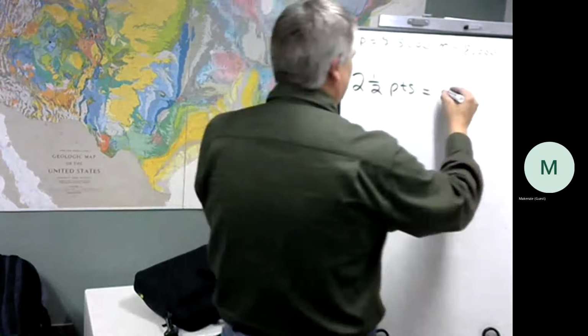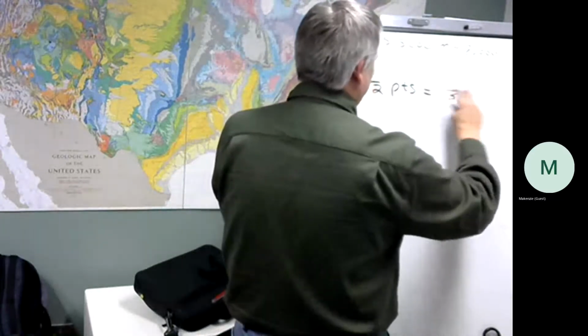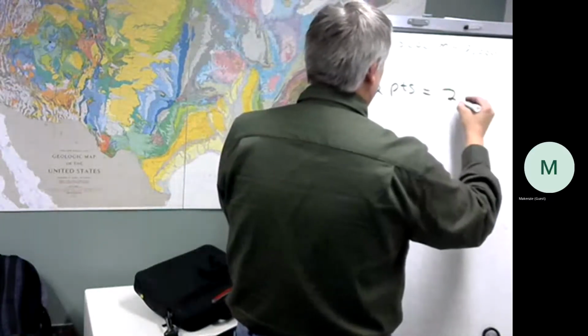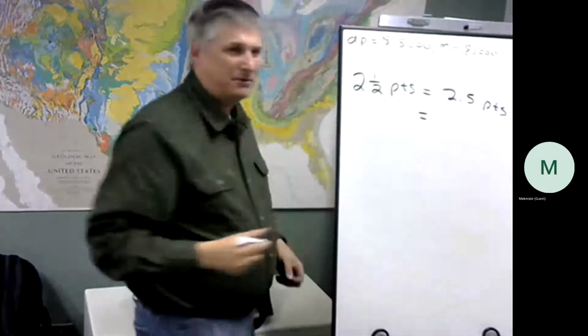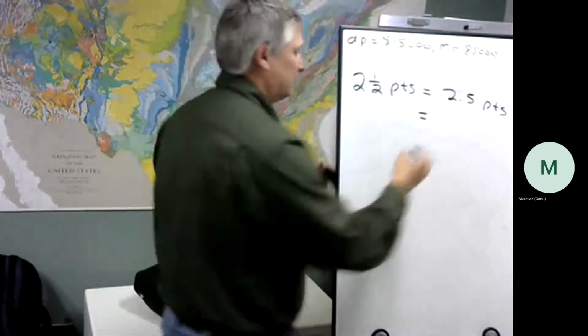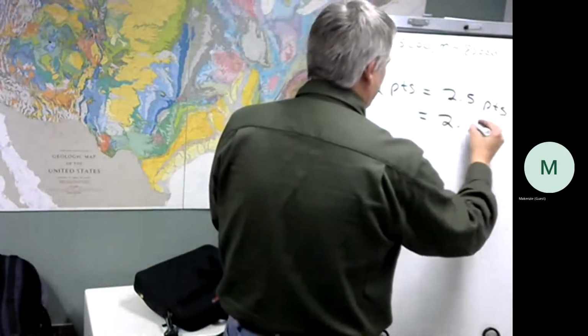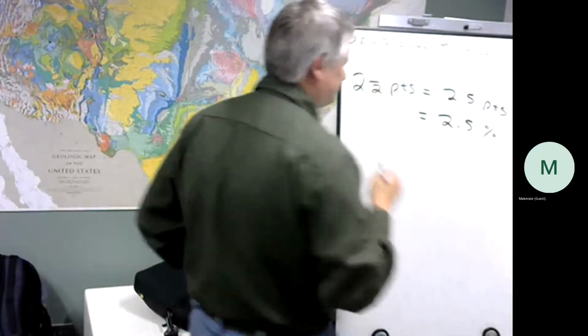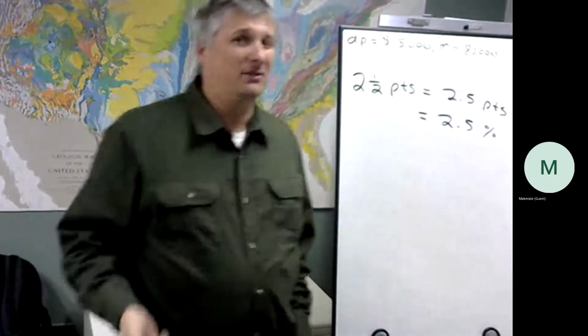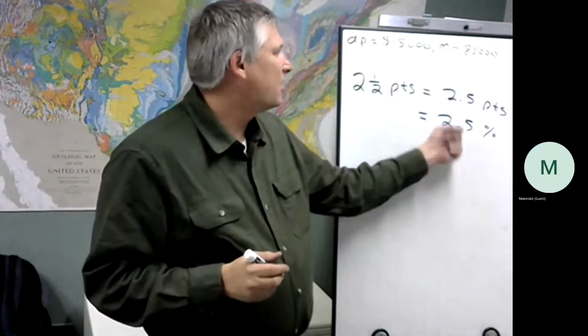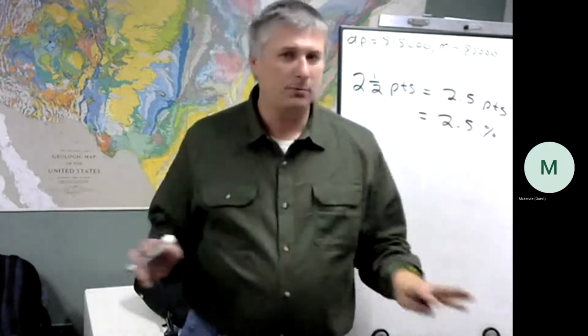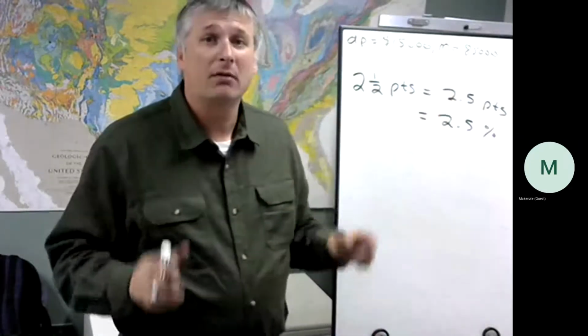Let's make this a decimal. It's 2.5 points, and the points are the same as a percent. So 2.5%. Now 2.5% of what? Well, it's 2.5% of the mortgage, not 2.5% of the price, but of the mortgage.